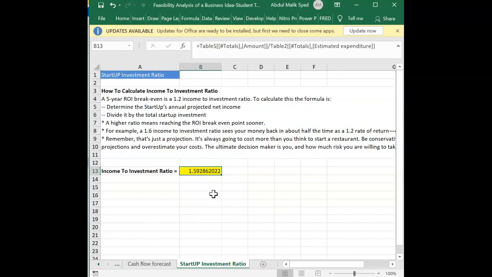Since 1.2 means a 5-year ROI break even, and we are getting 1.6, we can say that it is going to be half of that, so it is 2.5 years. So you are able to recover your money. The payback period is 2.5 years. So that sounds like a profitable business, definitely.